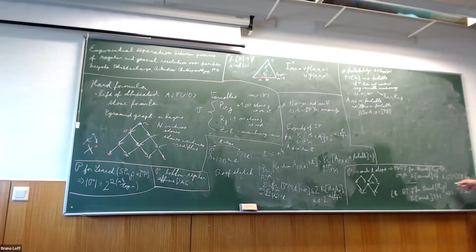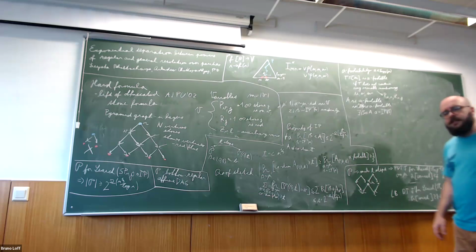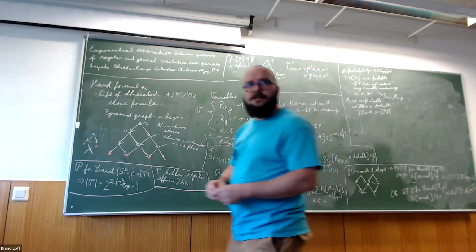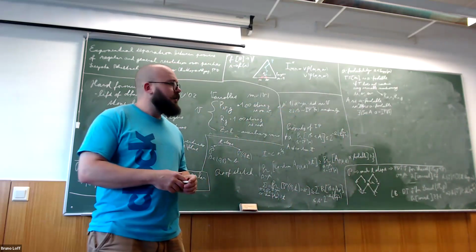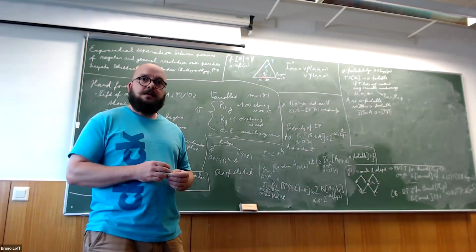And by this lifting, we have a lower bound for T. Is this from the previous paper? No, this lower bound is proved in our paper. It's a randomized lower bound.